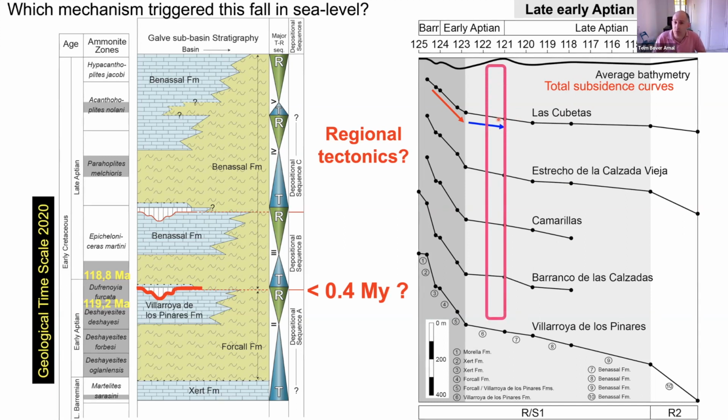The carbonate platforms of the Villarroya-Espinales Formation developed in this late early Aptian period of slow syn-rift subsidence. Therefore, it does not seem that regional syn-rift tectonics could have played a key role in triggering this late early Aptian fall and subsequent rise of sea level.